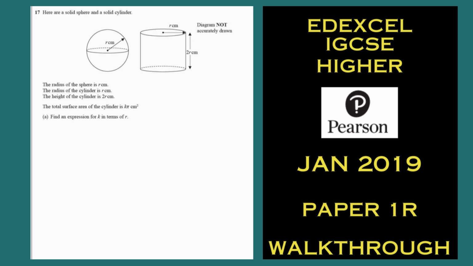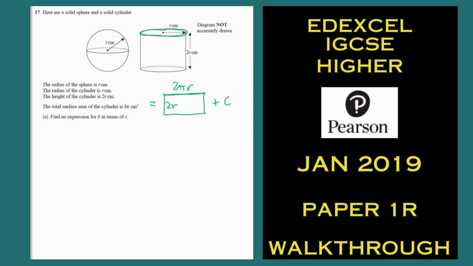So, total surface area of a cylinder is the curved surface area. I know that's a rectangle, but that's the curved bit, because when you take the label off a soup or bean tin, it will be a rectangular shape, and the area of that will be 2r is its height, and the distance along there will actually be the circumference of that circle, which is 2 pi r.